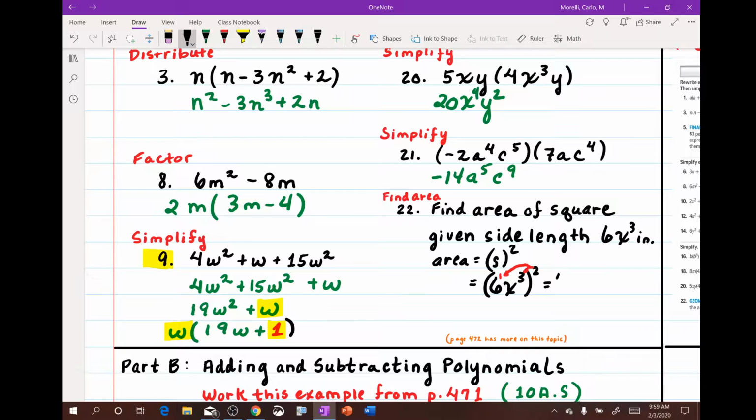So we now have 6 squared x to the 6th power. Inches squared. Square inches, okay? And then to simplify further, 6 squared is 36. 6 times 6 is 36. x to the 6th inches squared. Good. That's good.